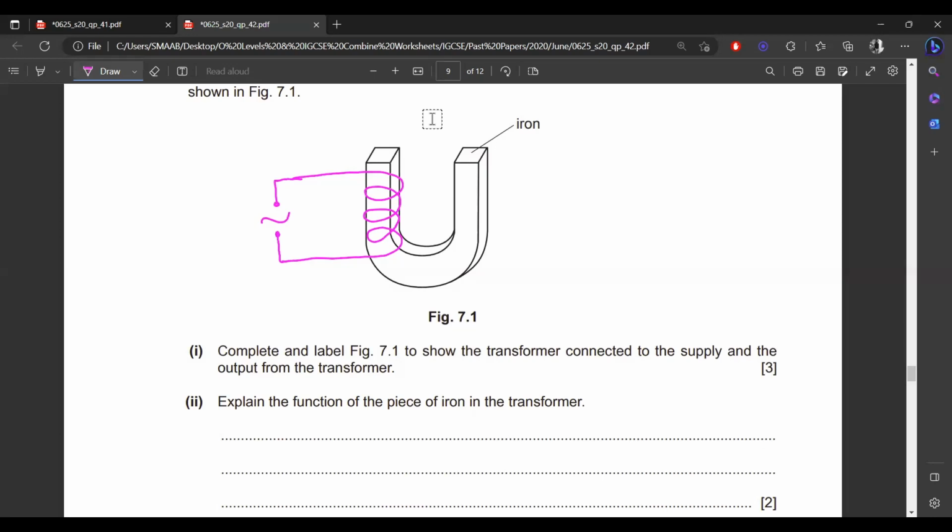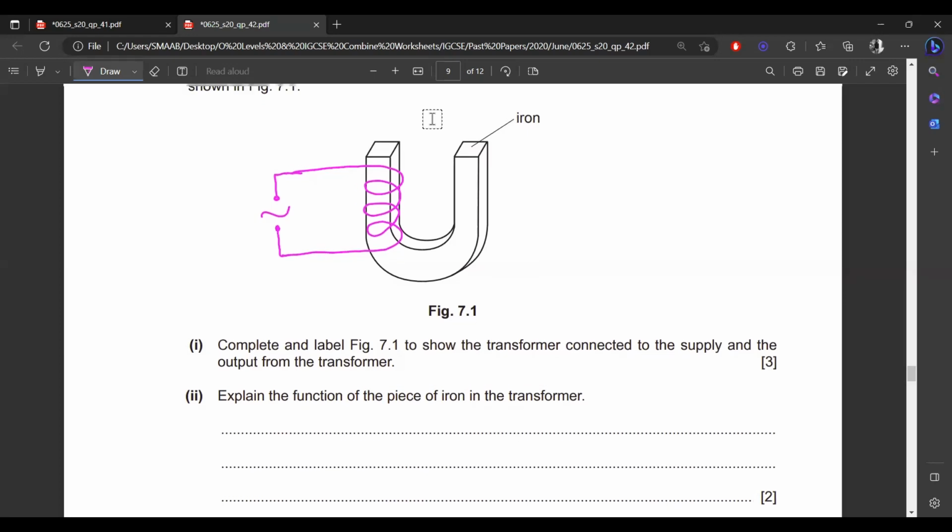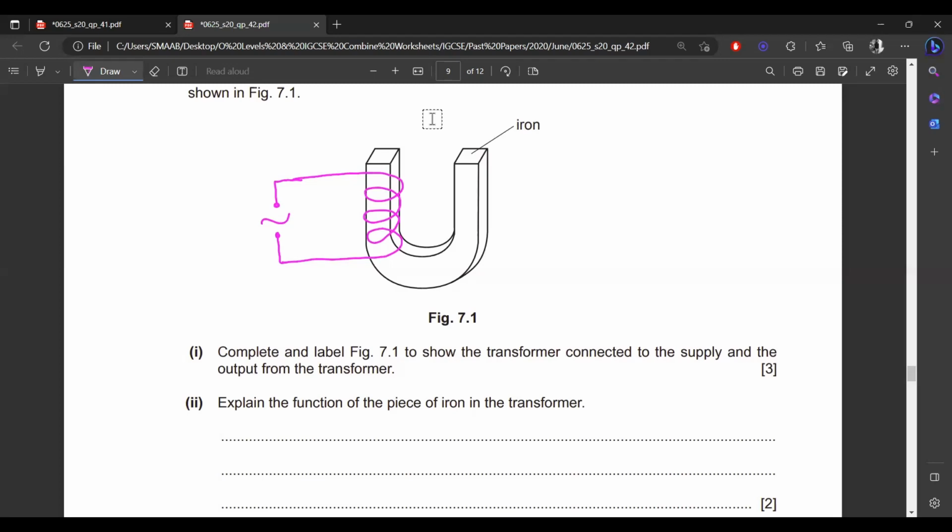So when you are going to draw the power supply, always draw for AC, no need to draw for DC. And for the right hand side, we are having another coil, the secondary one, and we connect it with a voltmeter because we are getting output over here. So to find the output voltage or the EMF, we connect the voltmeter. And we need to mention this is the primary coil and this is the secondary coil.